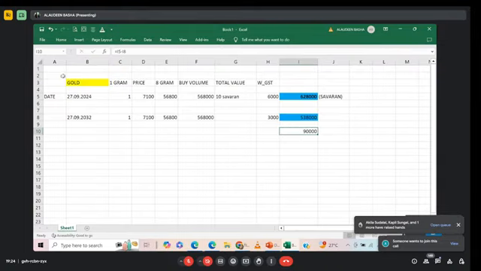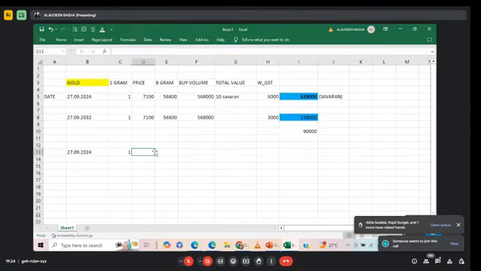Now the same procedure we apply for sovereign gold bond on the same date. Put 27/09/2024 as usual. The values are the same.